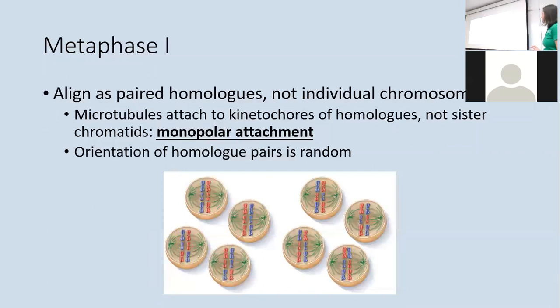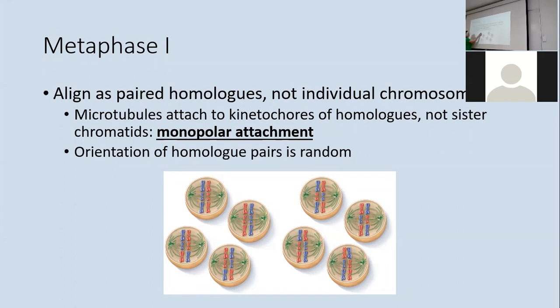Metaphase 1. So they line up, similar to metaphase in mitosis, right? They go to that metaphase plate, they all go to the middle of the cell, get themselves all in the center. With the difference that when we drew this for mitosis, they were in a single file line, and we were going to pull each of these X's in half. In meiosis, that's not what we're going to do.